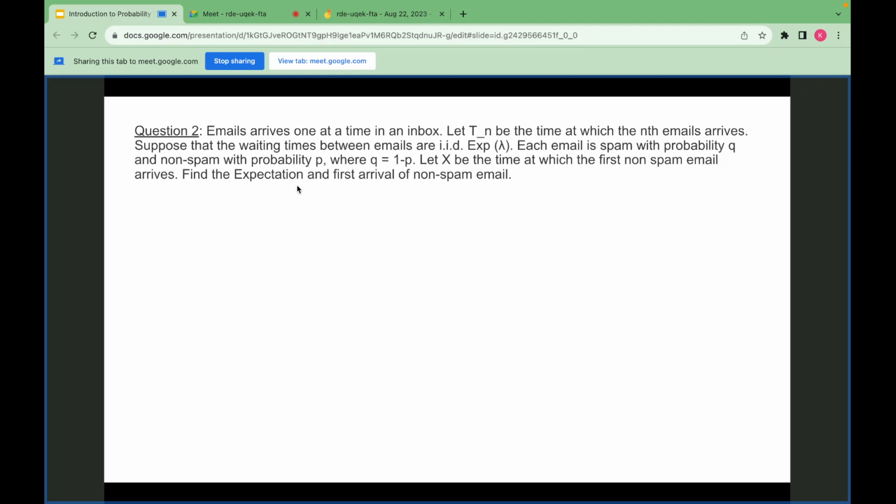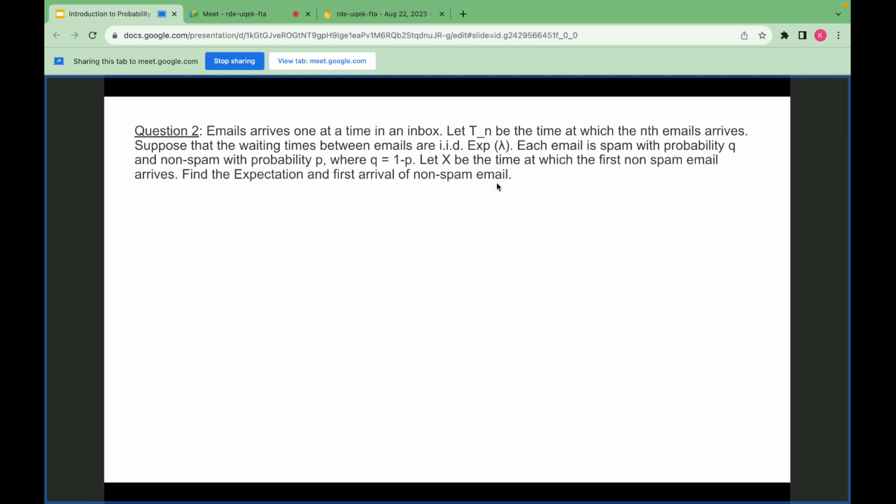So this is the second question. Emails arrive one at a time in an inbox. Let Tn be the time at which the nth email arrives. Suppose that the waiting times between emails are independent and identically distributed with exponential distribution with parameter lambda.